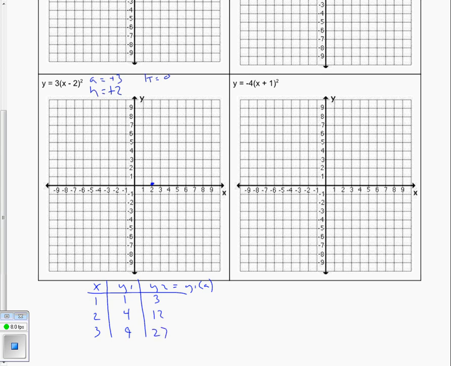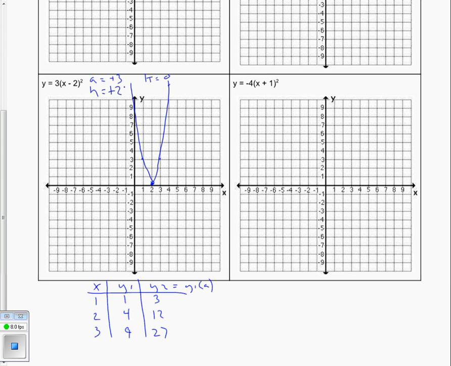Okay, so we're going to use the pattern over 1 up 3, over 2 up 12, over 3 up 27. So over 1 up 3, over 2 up 12, okay, so it's going to be significantly, or sorry, not compressed, significantly stretched.